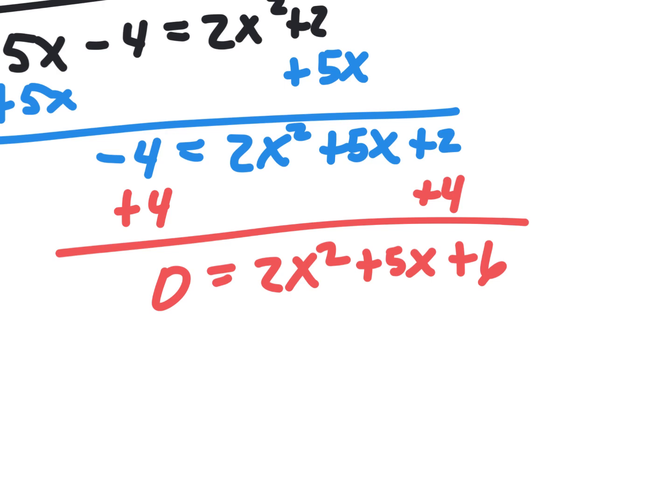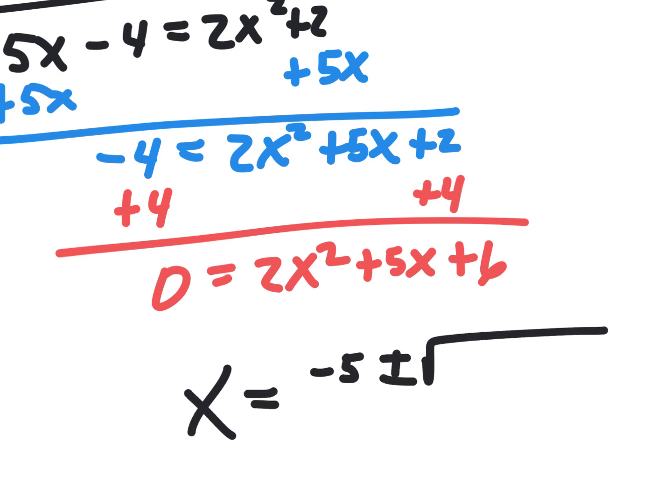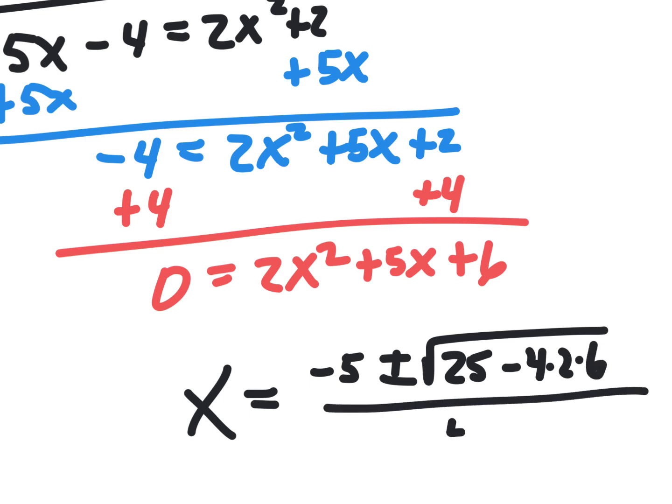And then you have to simplify your quadratic formulas. Okay, x equals negative b, negative 5, plus or minus square root of b squared, which is 25, minus 4ac, 4 times 2 times 6, all over 2a, which is 2 times 2, which is 4.